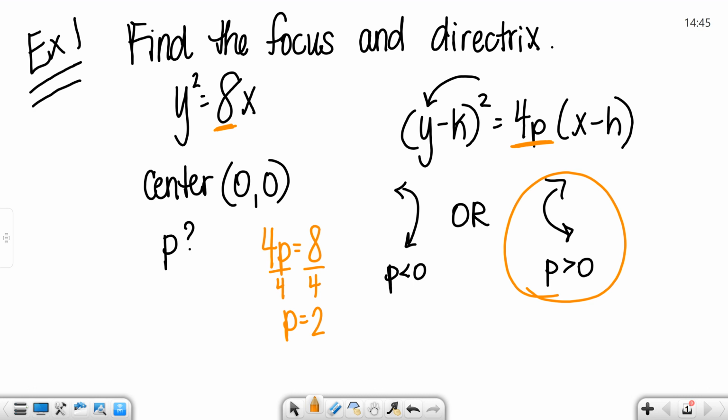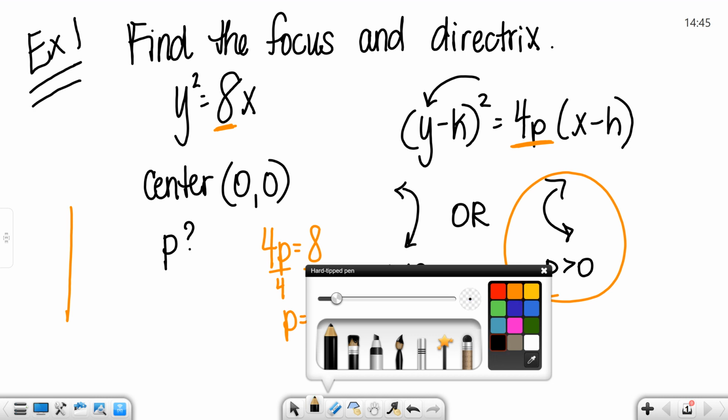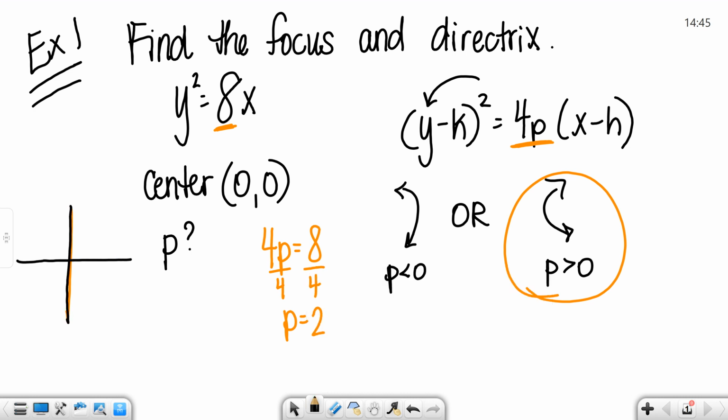Now, they didn't ask me to graph it, but the reason that's helpful, let me go back to black. I've just decided that my vertex is here. I called it a center. I'm sorry, it's a vertex. My vertex is at (0, 0), and I have decided that it opens to the right.